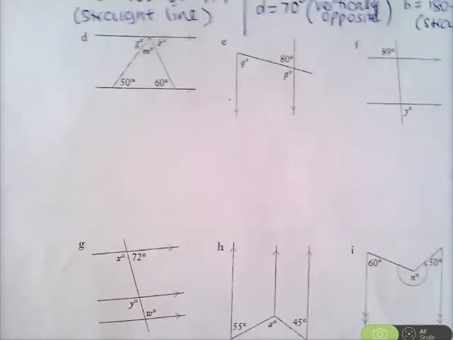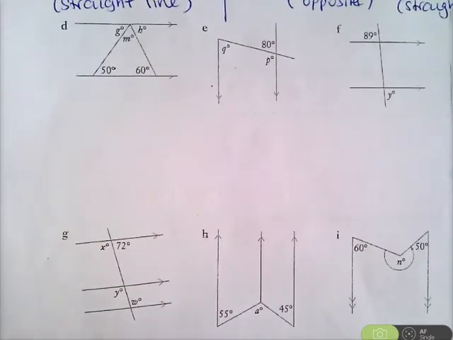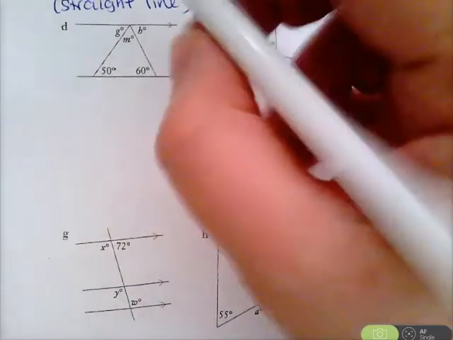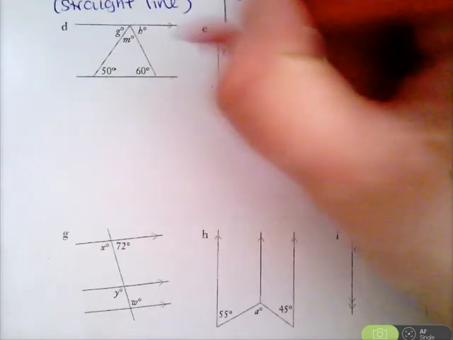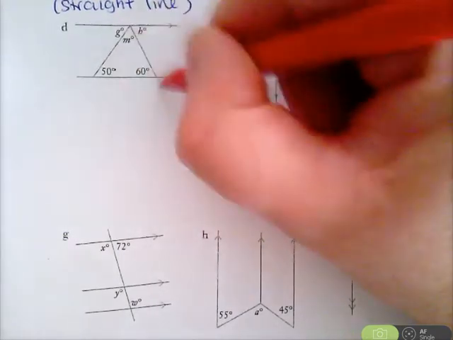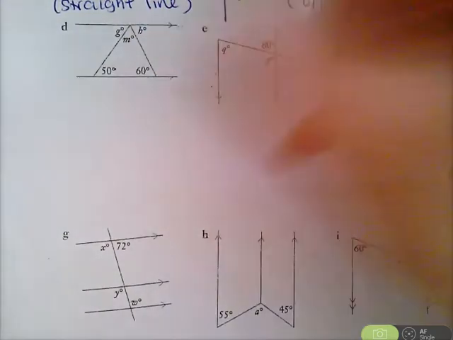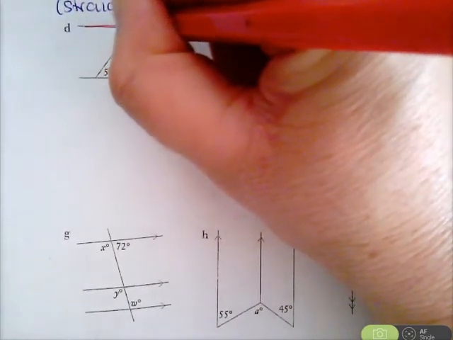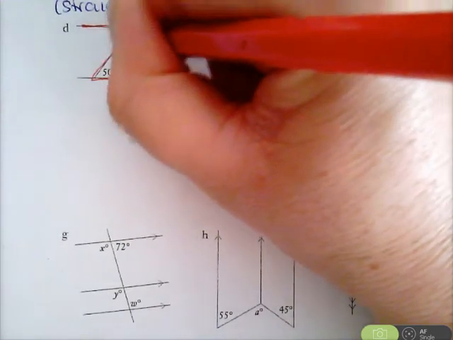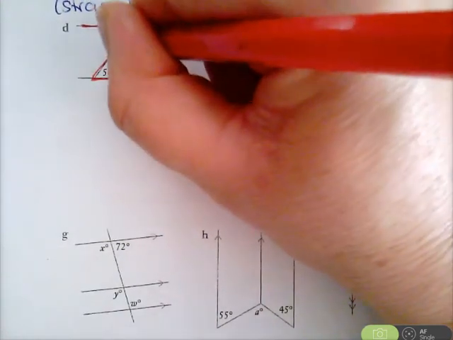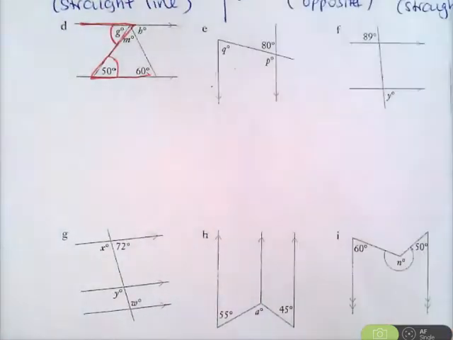Now, for some more questions here. With these, what we need to do when you see parallel lines, see if you can do C's, Z's or F's, okay? Now, I think we've got a Z here. When I do the Z, I have to find that in the corners I have angles, and I do.